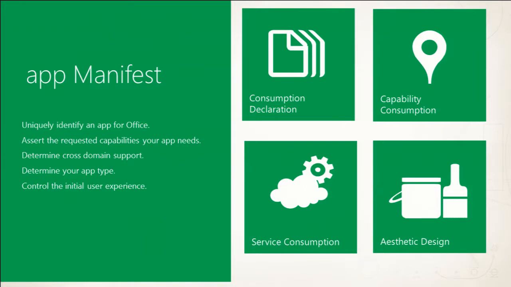So the Visual Studio templates don't add that icon, but when I show you and we drill into a different app manifest, take the time to assert the icon URL with your application. That makes a really big difference in terms of the end user's experience with your app.